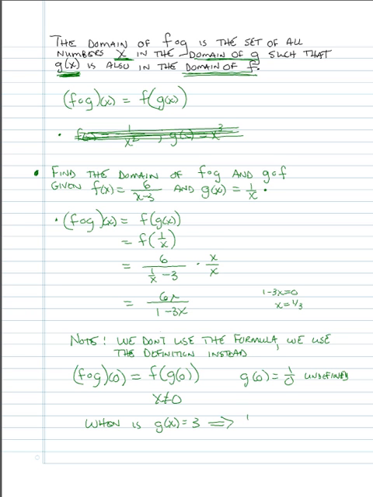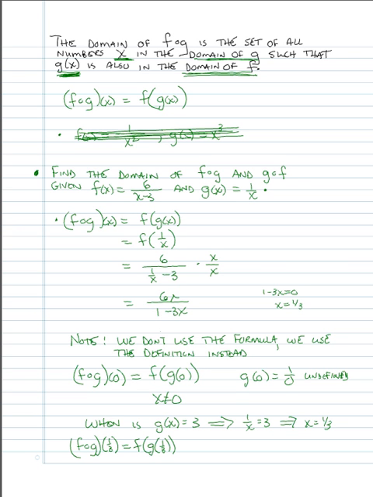That would be when 1 over x is equal to 3, and that would be when x is equal to 1/3. So here's what would happen. If we put 1/3 into this function f composed g, the first thing we'd have to do is calculate g of 1/3.